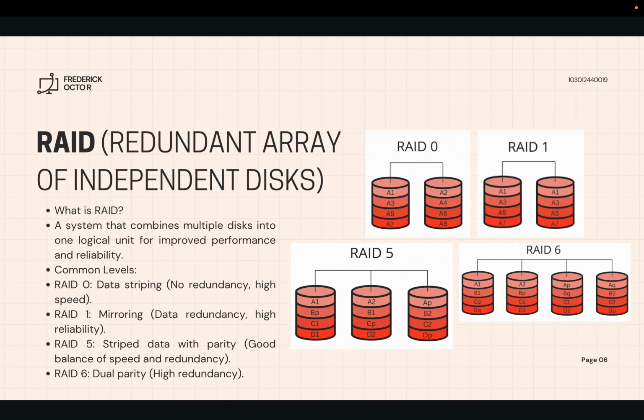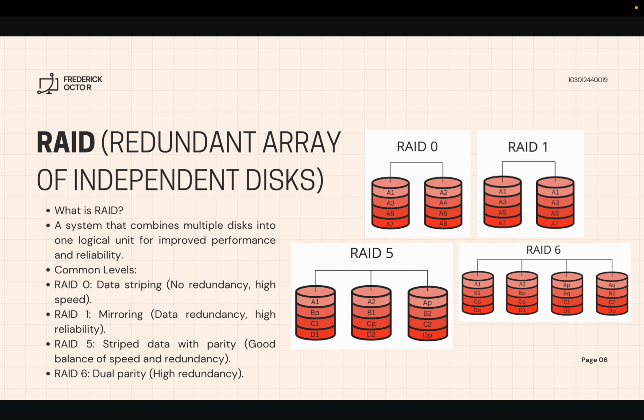Let's move to RAID, or redundant array of independent disks. RAID is a system that combines multiple physical disks into one logical unit. It improves both the performance and reliability of external memory.